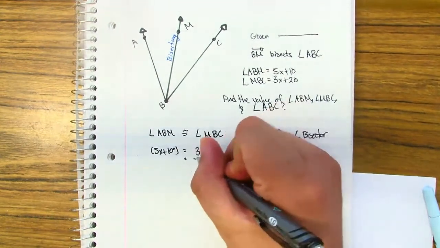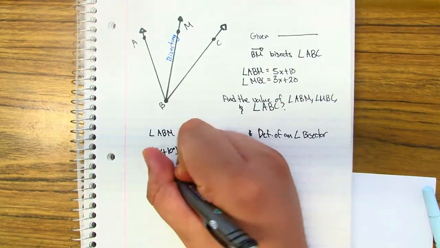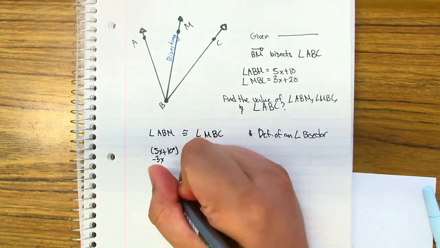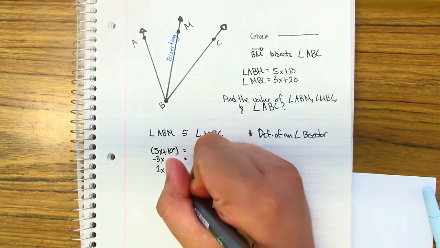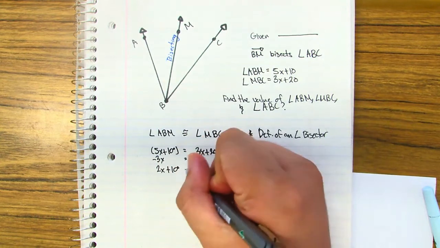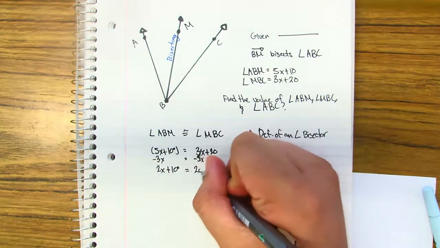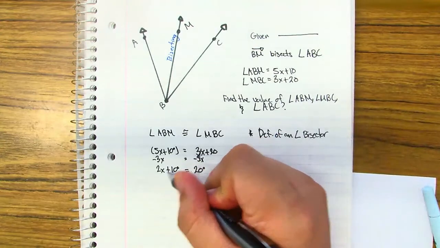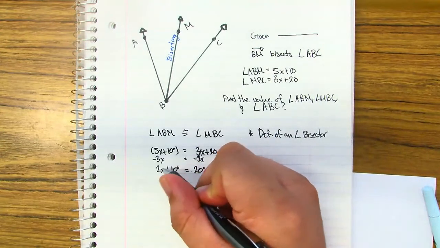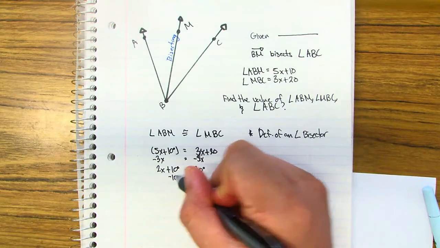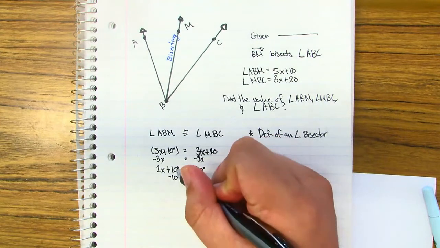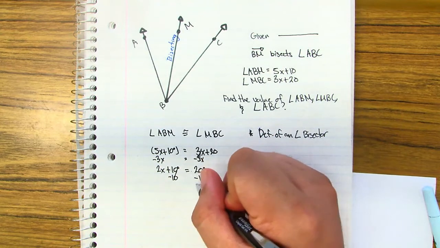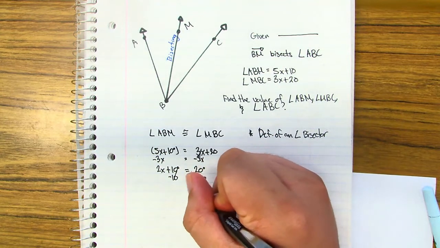I'm going to subtract 3x on both sides because I want to end up with a positive number. That's equal to 2x, drop down the 10 degrees, and drop down the 20 degrees. Now I'm going to subtract 10 to get 2x on its own. That goes out, and I'm left with 20 minus 10, which is 10 degrees.